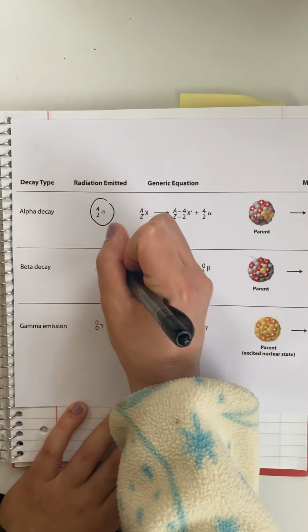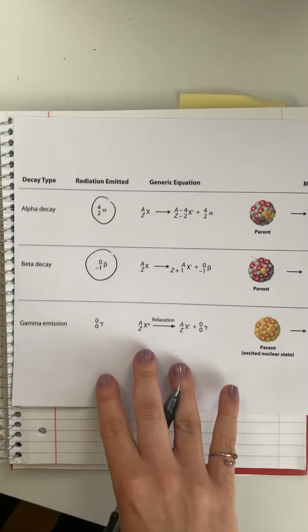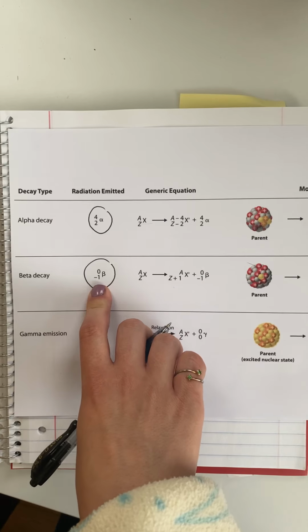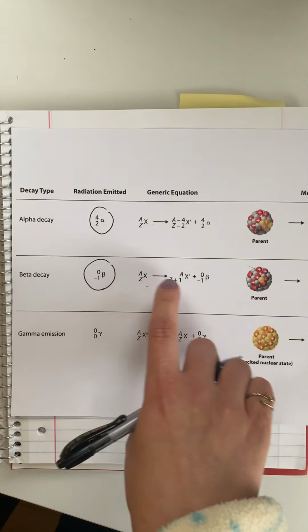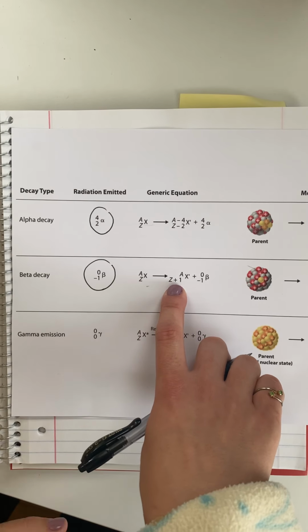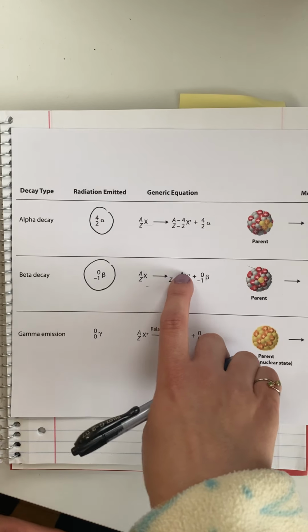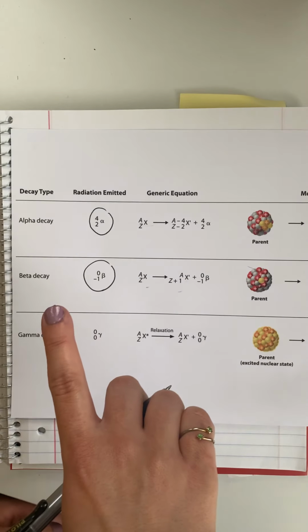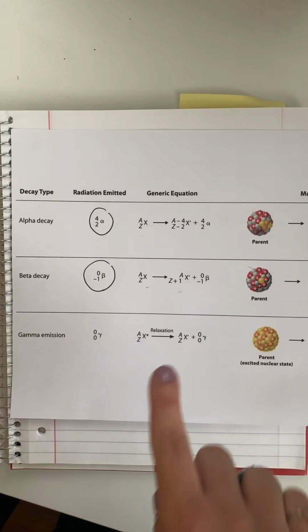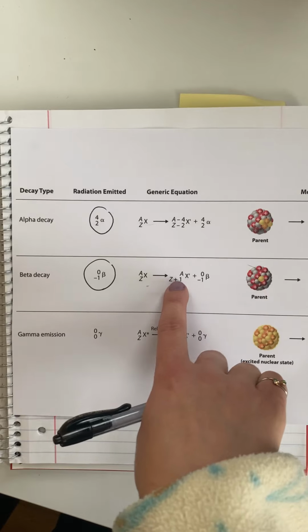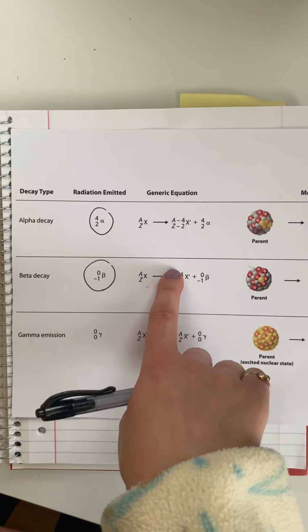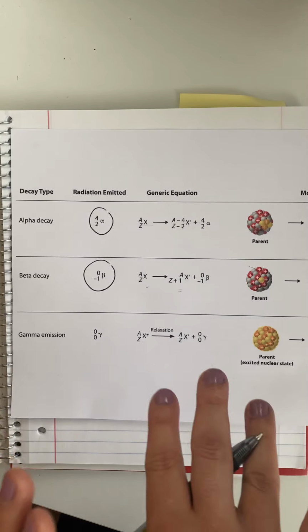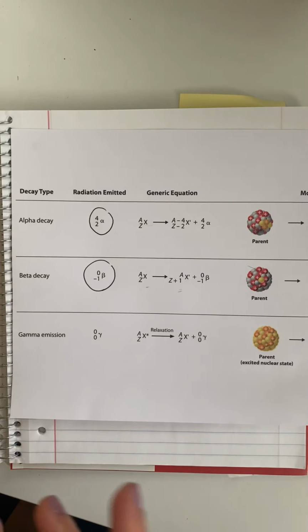We start with some element X, and we actually gain a proton from this. The mass stays the same because that neutron turns into a proton. The proton number goes up, and we need to signify that. It does change its element, but the mass stays the same because neutron and proton both have mass. The mass will remain unchanged.